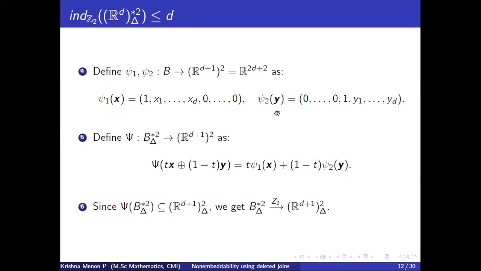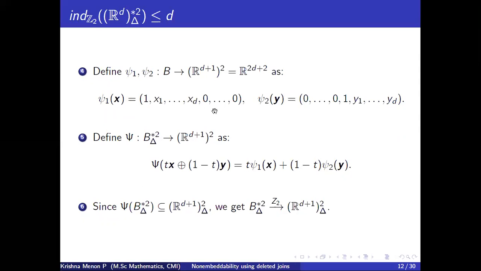Then using these two maps, we combine them to get a map from the deleted join of B to the product of R^(d+1) with itself, which is given over here. Just multiply this by t, multiply this by minus t, and add them both. That's how you get the map from the deleted join of B to the product of R^(d+1) with itself. And you can check that its image will actually lie in the deleted product of R^(d+1).